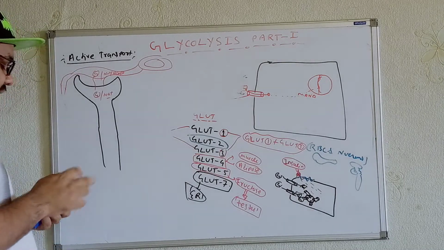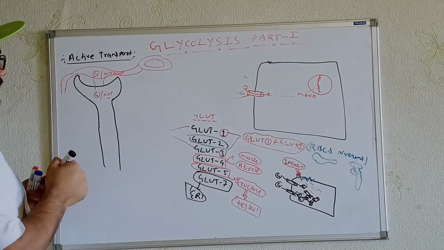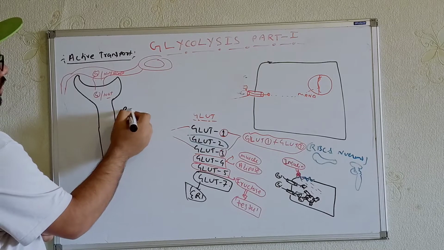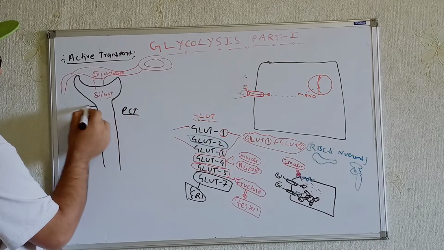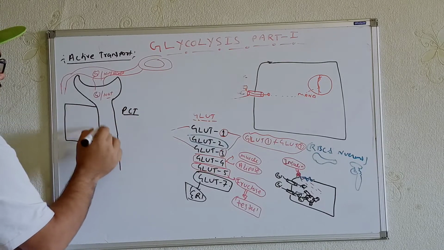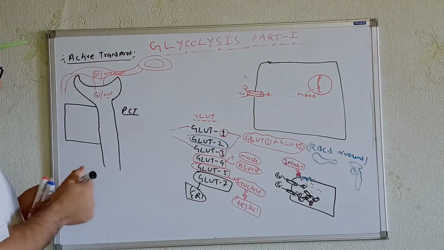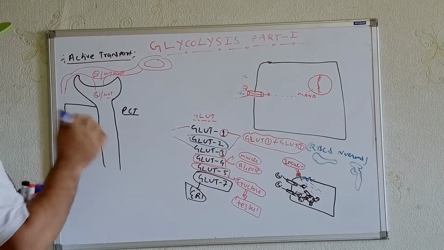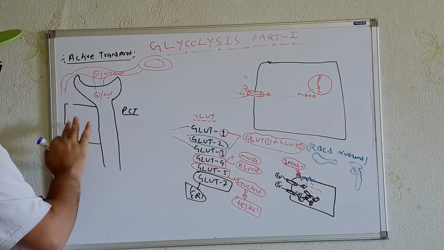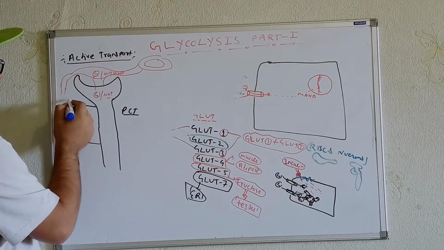Now if you see the epithelial cells of the proximal convoluted tubule, for example this one, this is the luminal side and this is the basolateral side. For the basolateral side, we know there is the presence of sodium potassium ATPase.